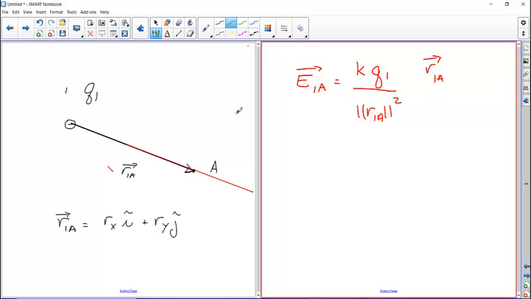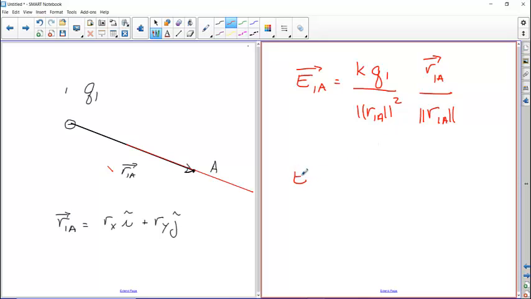If we take the vector from Q1 to point A, that's a vector, but what we want is a unit vector. So to get this into a unit vector that's in the same direction as R1A, we just divide by the magnitude of R1A. So now you see we've got the magnitude of R1A squared and the magnitude of R1A, so you can make that into cubed.